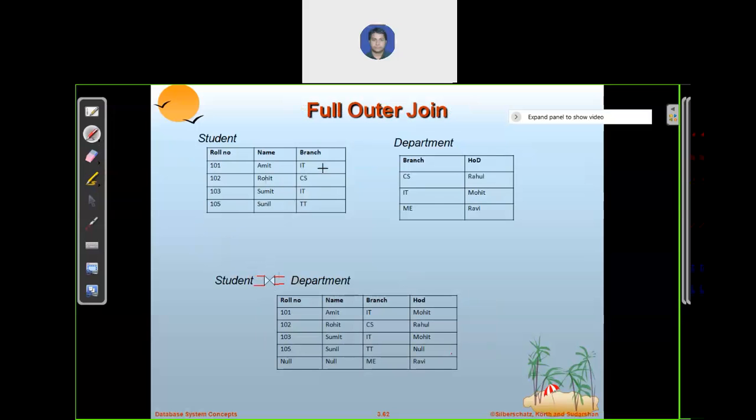So first take all the records of the left-hand side relation and establish the relations with the other, and then if a record is left from the right-hand side, try to match. If it is matched, then write; otherwise leave as null. So as you can see, there is no matching record for the IT students in the right-hand side relation, and there is no matching record for the ME branch in the left-hand side relation. So you set this value as null.